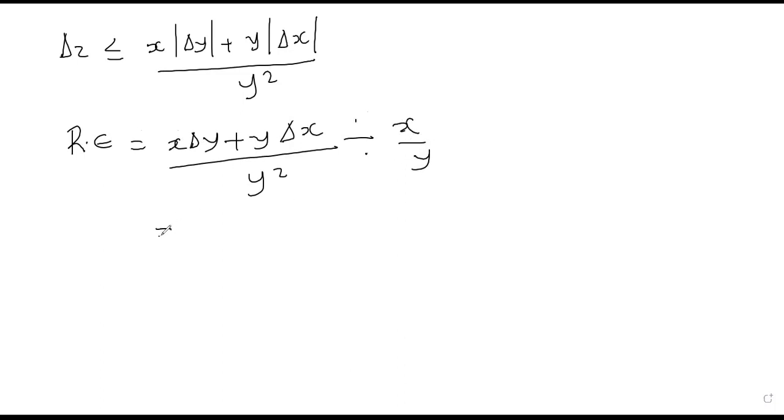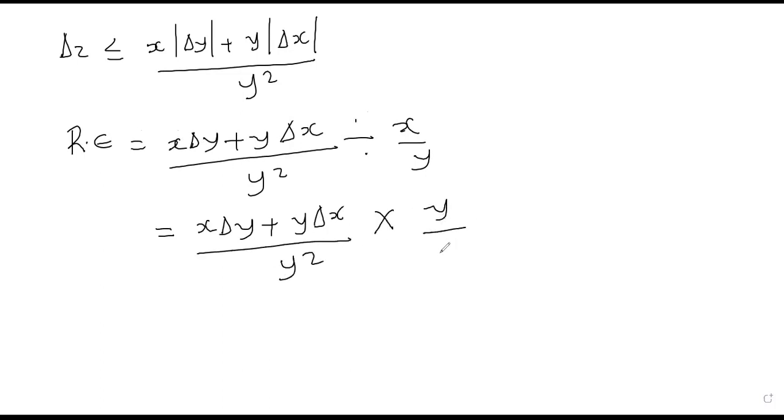So it is going to be equal to x delta y plus y delta x over y squared times y over x. The y's are going to reduce. So we are going to have our relative error, which is delta z over z.